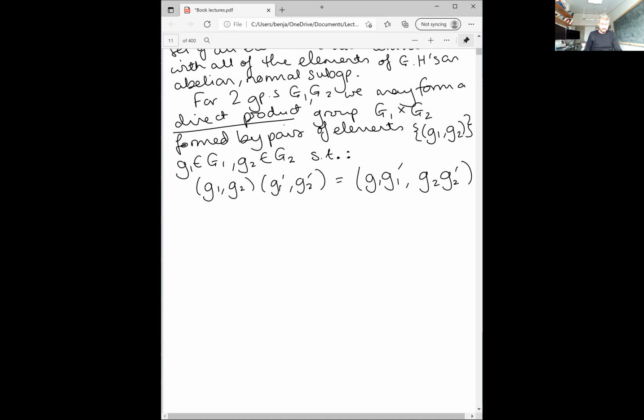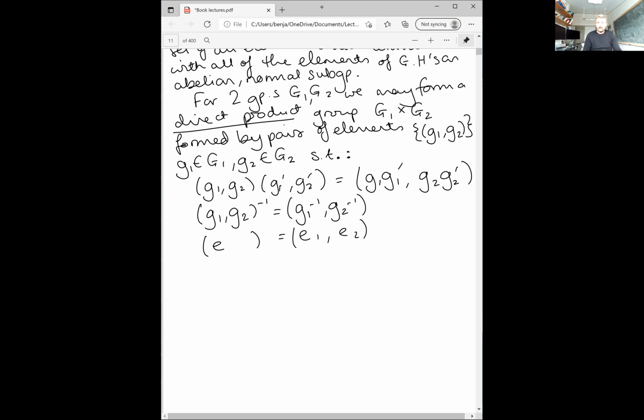Then we have that the inverse element of this pair is just the pair of the inverse elements. And the identity of the direct product group is really the identity of the first group and the identity of the second group, but written as a pair.